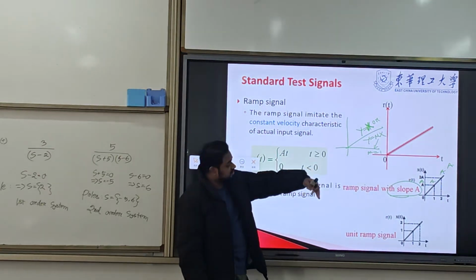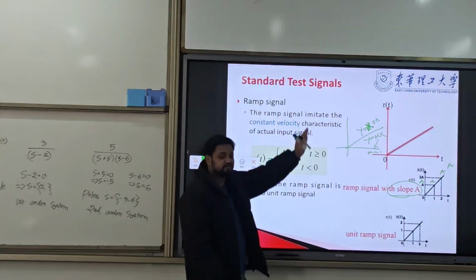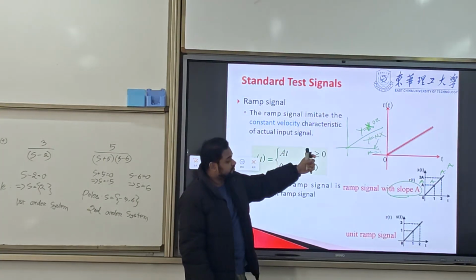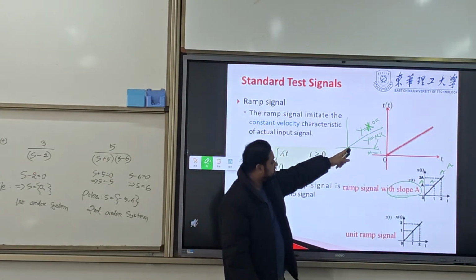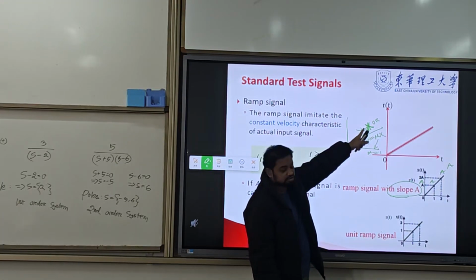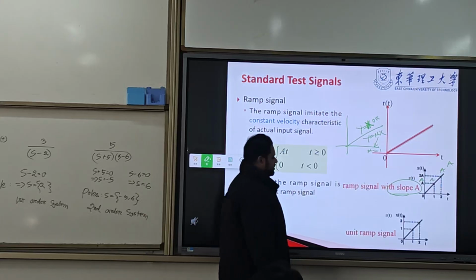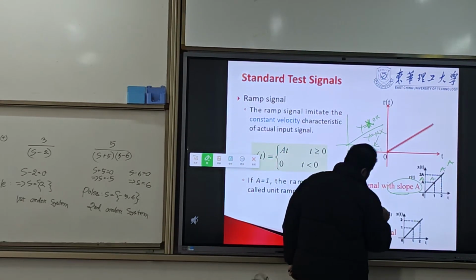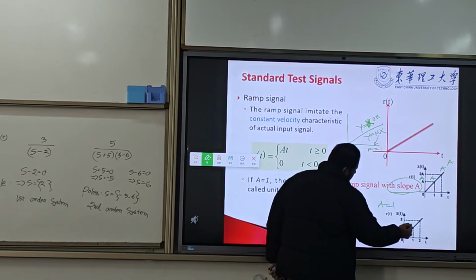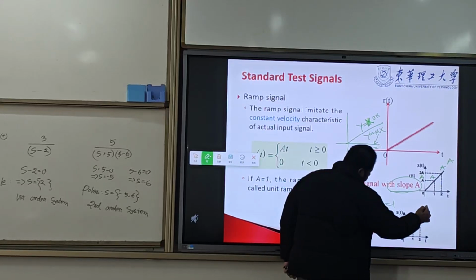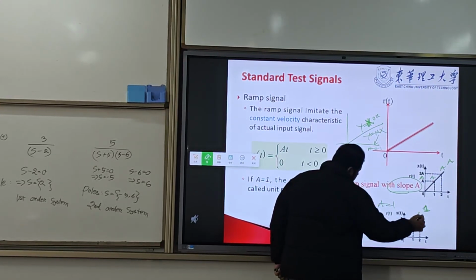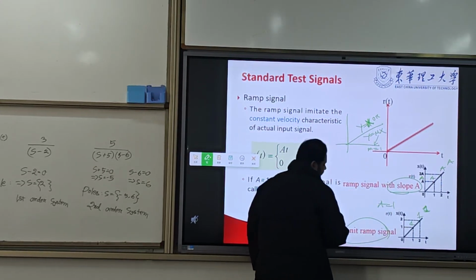So while it goes to infinity, there will be a slope of a. Here there is a slope of m. Here there is a slope of 1. So if this value a is equal to 1, the slope is 1, so we call it unit ramp signal.